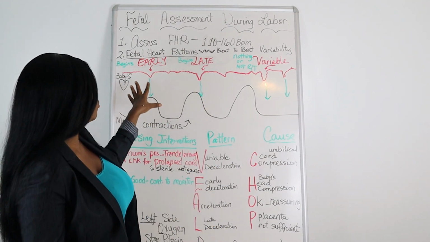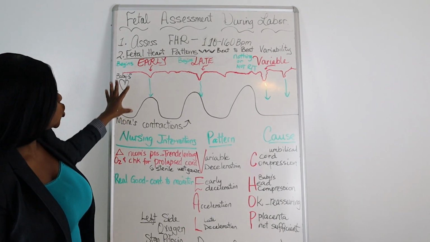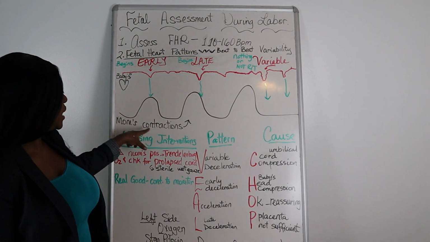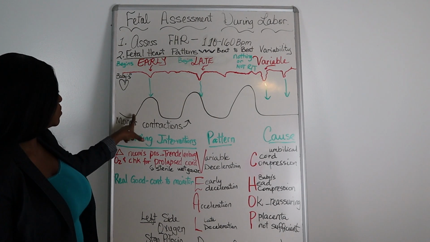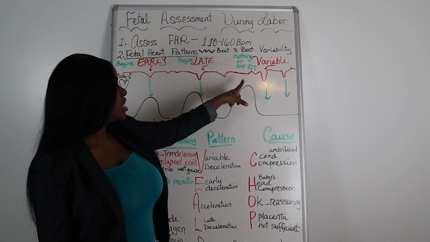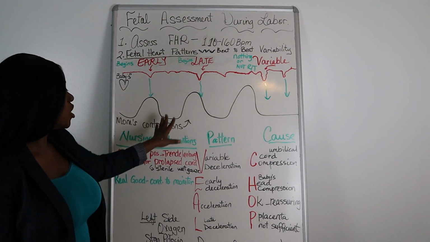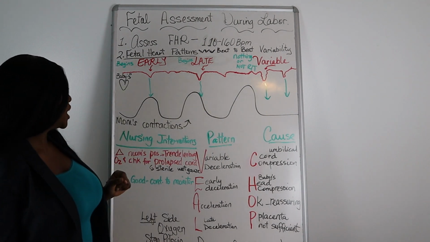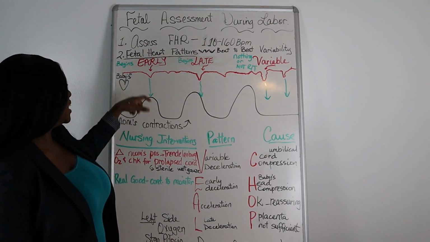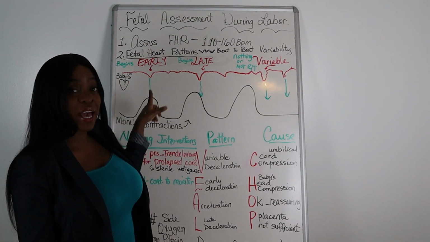baby is working. So I've drawn here two patterns. This one in black are mom's contractions, and you see three different contractions here going across, right? In red, I have the baby's heart rate pattern.